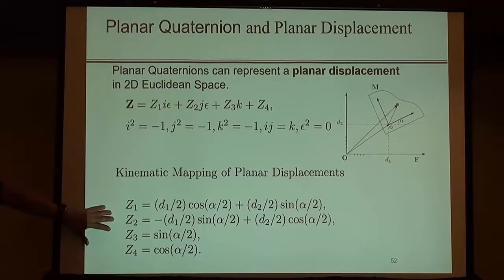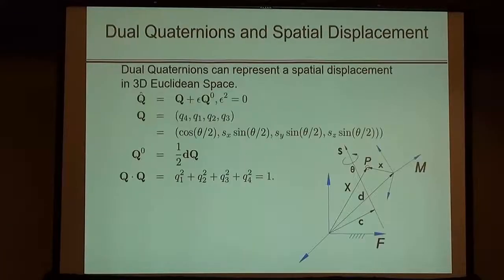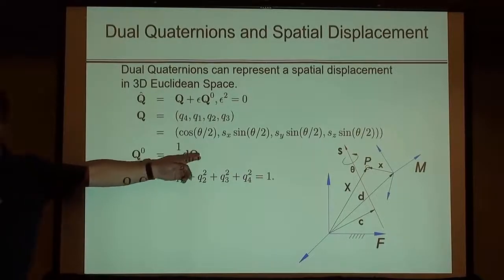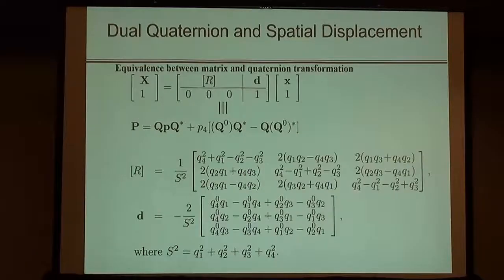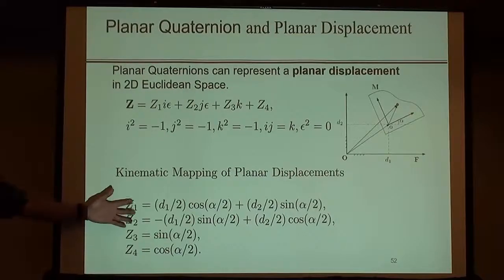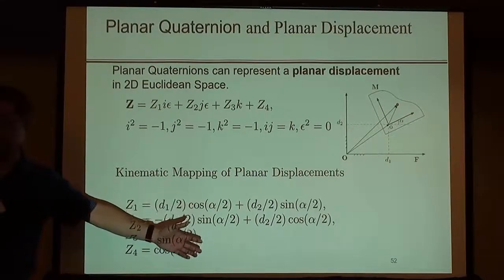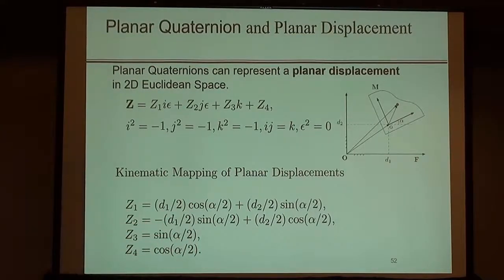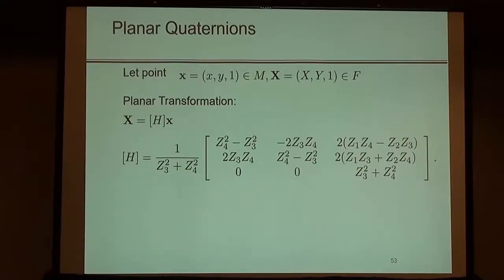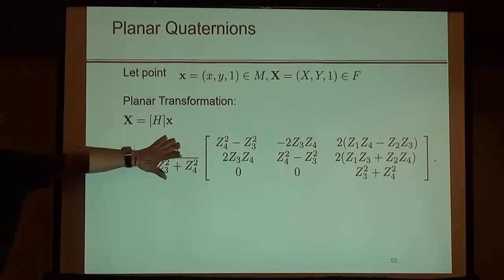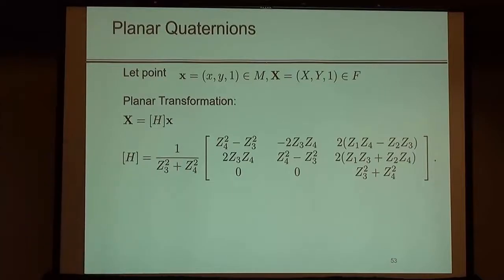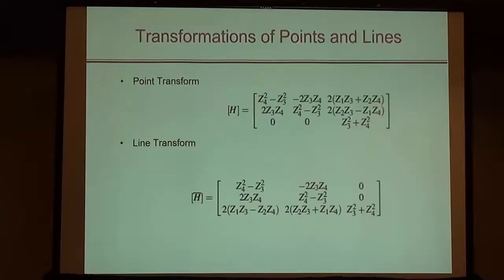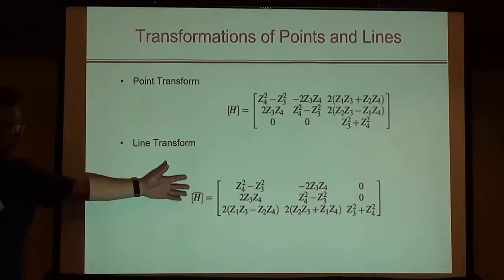So this is the mapping. We talked about the formulation for defining dual quaternion as D times Q, right? This is the planar version of the same thing, D times Q. This is a homogeneous form for point coordinate transformation, and this is for line coordinates transformation.